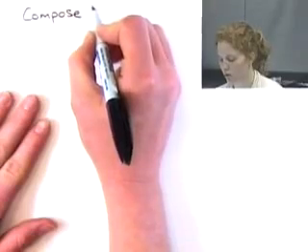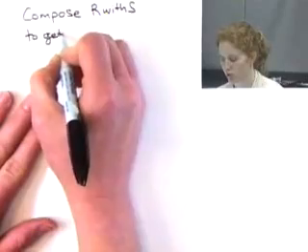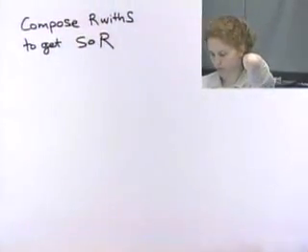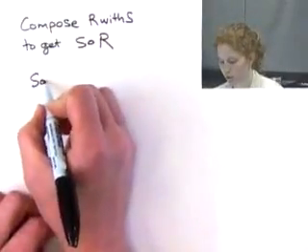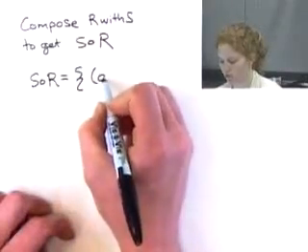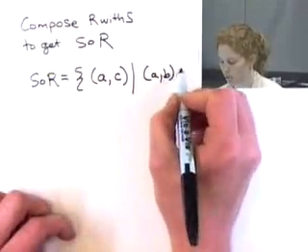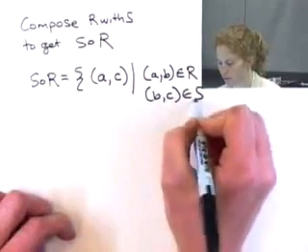Okay, so if I want to compose R with S to get R composed with S, what that set is equal to is all the points AC so that AB is in R and BC is in S.